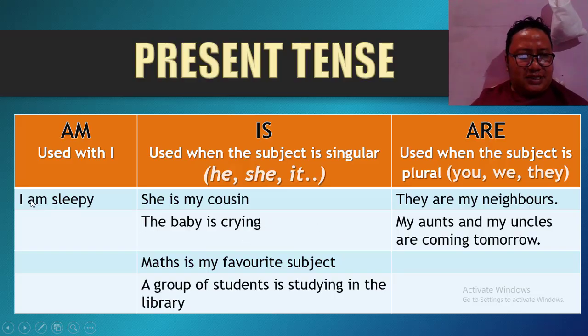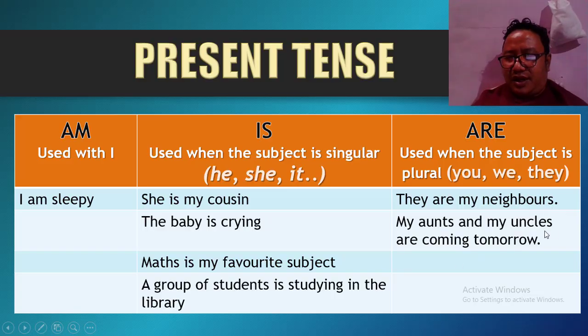So here are the example sentences. I am sleepy. She is my cousin. So here we are still under is. Maths is my favorite subject. A group of students is studying in the library. And what about are? They are my neighbors.